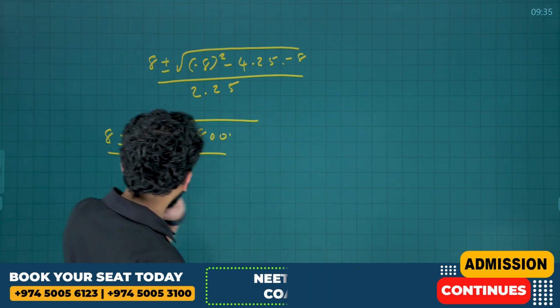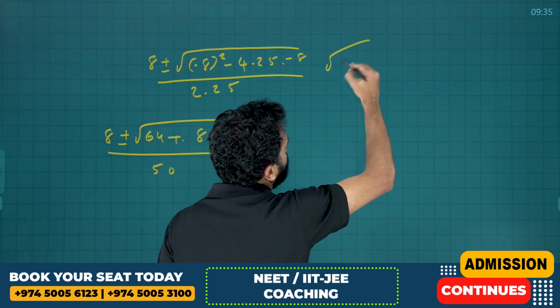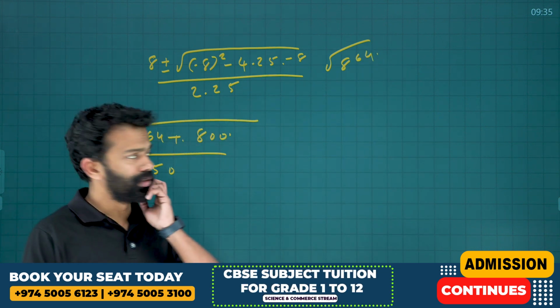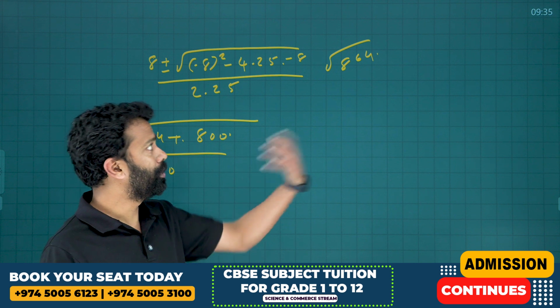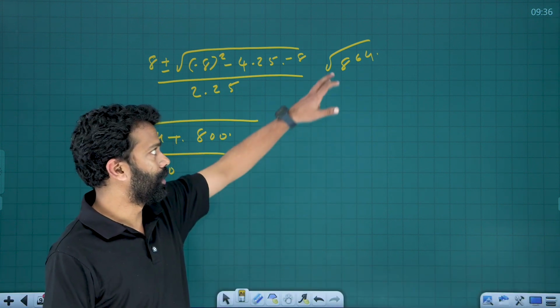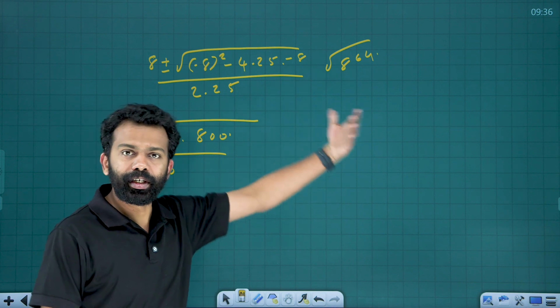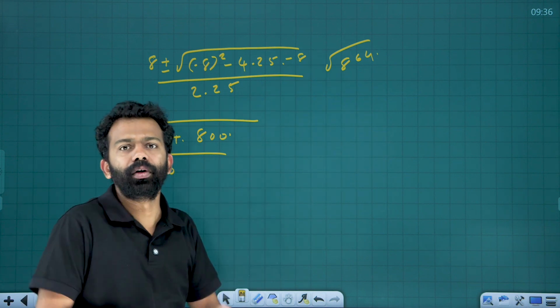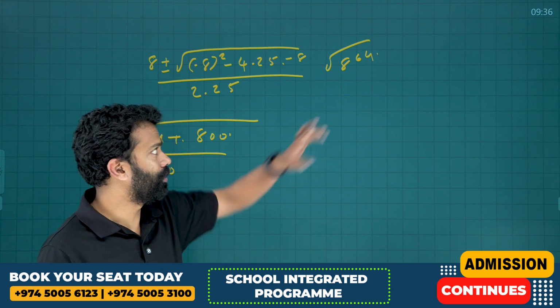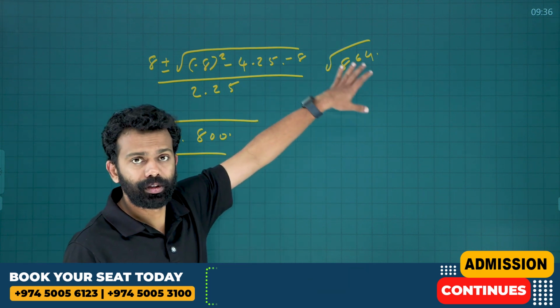So what are you going to do for root 864? There are two methods. One, if you have a good grip on square roots, it's very easy. Otherwise, just reduce this into irreducible factors, that is, in terms of powers of prime numbers. Then you will get the corresponding value of 864 to operate within the root.